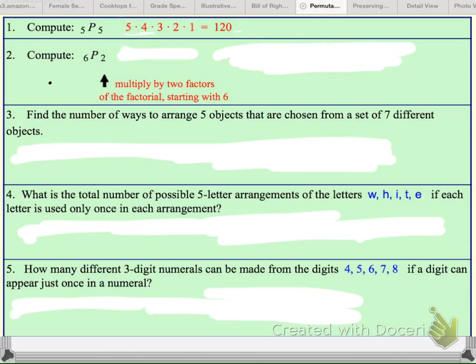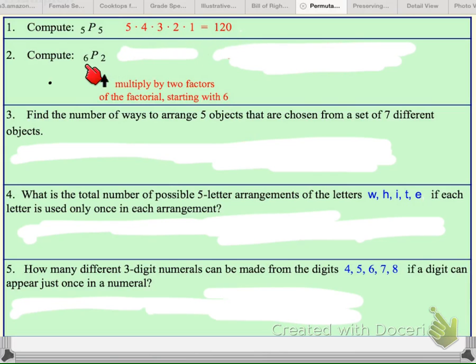So that would tell us to do 5 times 4 times 3 times 2 times 1. Notice that we started with 5, and then it tells us to do all 5: 1, 2, 3, 4, 5. If this was a 2, I would have done 5 times 4. But because it told us to do all 5, it's 5 times 4 times 3 times 2 times 1, which is 120.